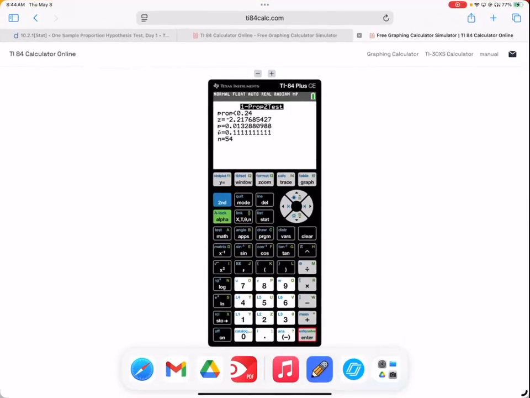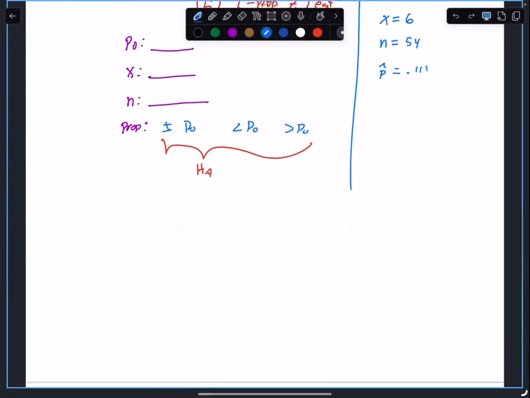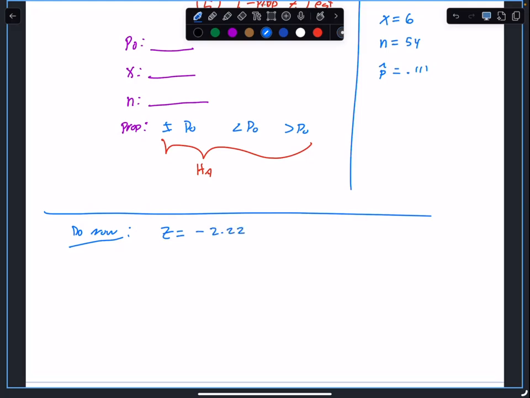That P represents the P value. So in my do now, I get that the z-score is negative 2.22, and my P value was 0.0132.